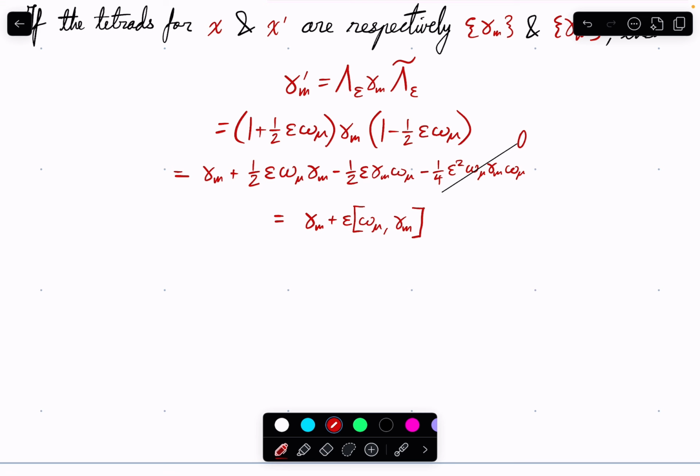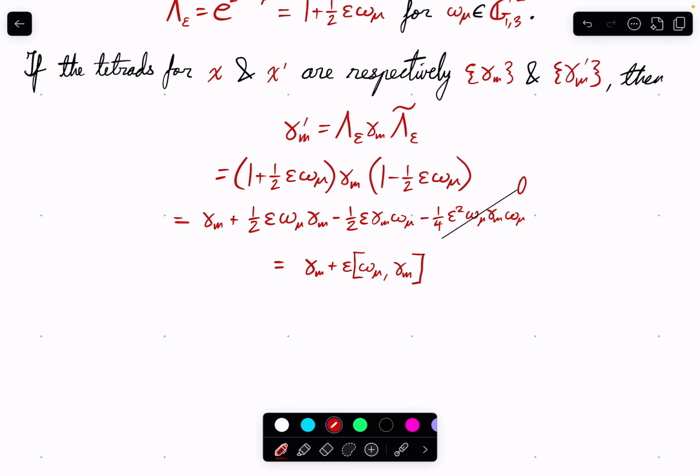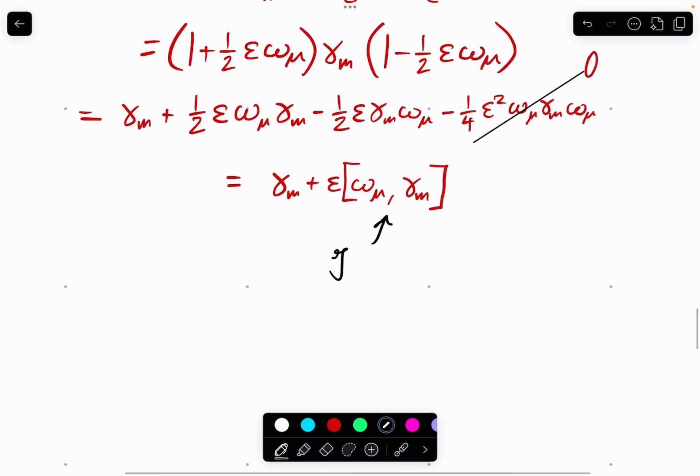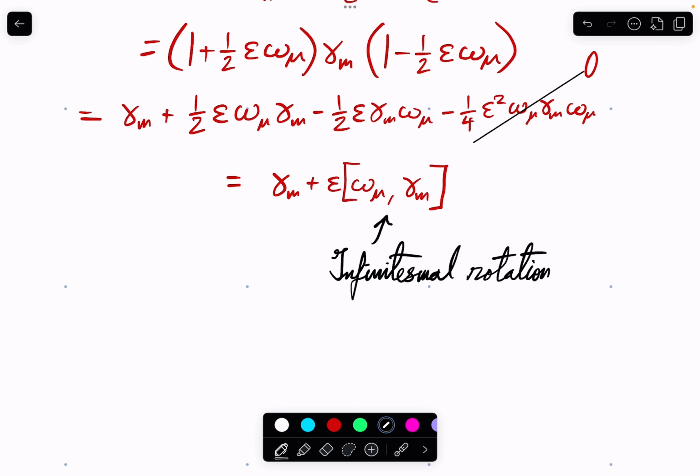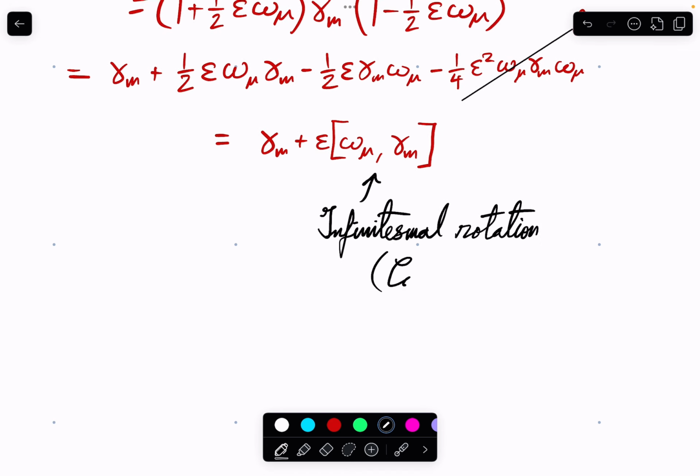Cool, so this now is the result. Gamma m prime is gamma m plus an infinitesimal rotation. So this right here is the infinitesimal rotation, and we can think of this as the curvature tally.